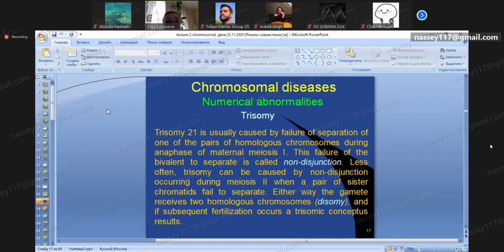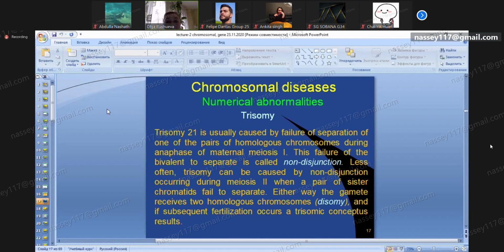Trisomy is one of the most frequent chromosomal abnormalities, and trisomy 21, for example, is usually caused by failure of separation of one of the pairs of homologous chromosomes during anaphase of maternal meiosis 1. This failure of the bivalent to separate is called non-disjunction.